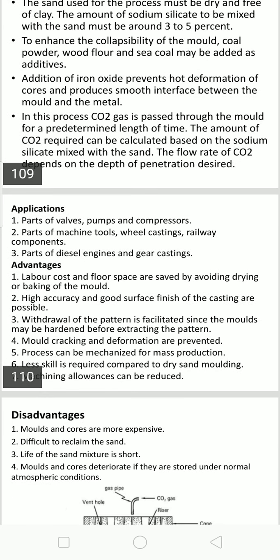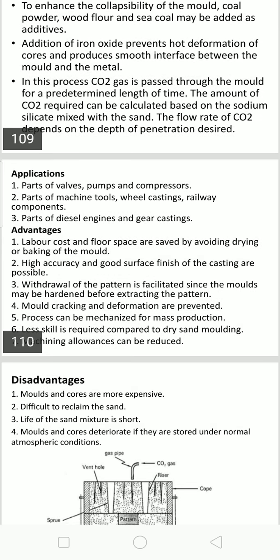The disadvantages are that molds and cores are more expensive, and it is difficult to reclaim the sand, because once it is formed and collapsed after solidification, the sand is difficult to reclaim. The life of the sand mixture is short. Molds and cores deteriorate if they are stored under normal atmospheric conditions, because the carbon dioxide reaction loosens them if you keep them for a longer time.